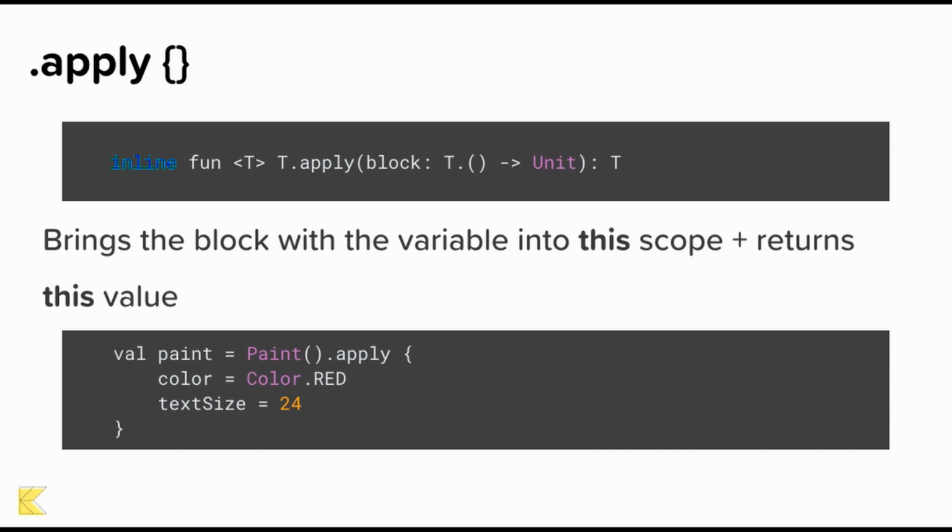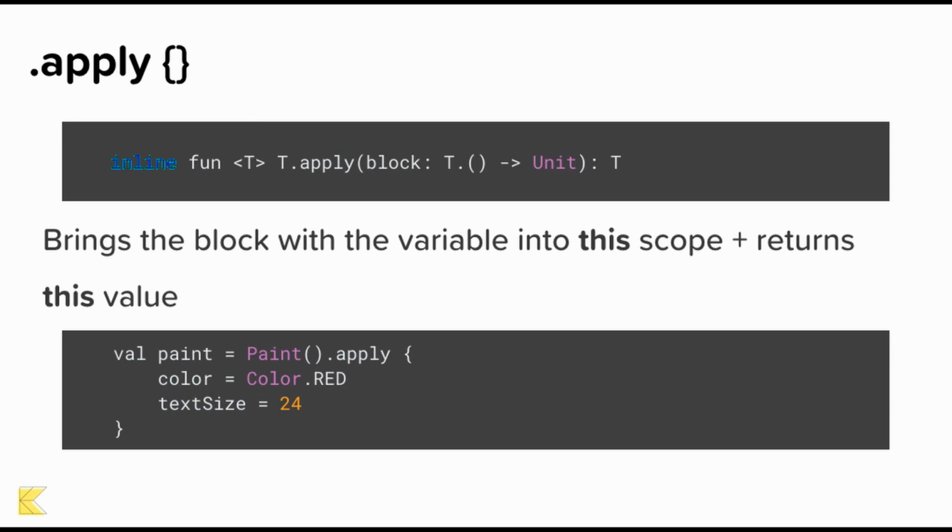In this example at the bottom, I'm creating a paint object. In Android, you get the concept of a paint object. I create a new paint object, and then I call .apply on that paint object. Within that block, I now have that paint object in the this scope. If, for instance, you were in an activity and you said this dot something, you would have the activity as the this scope, right?